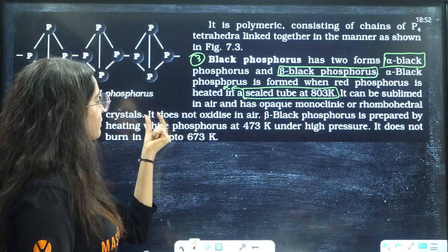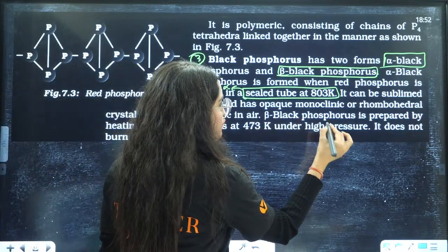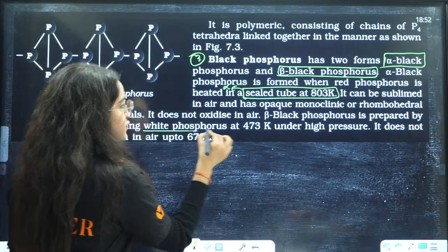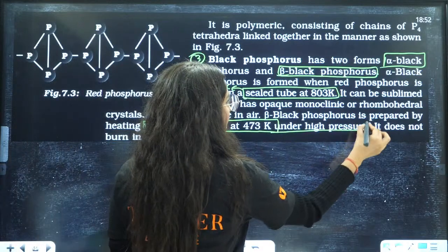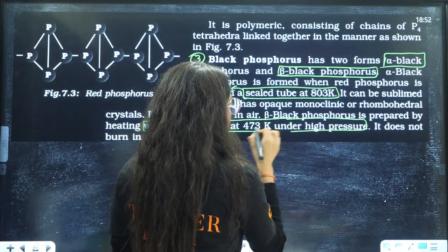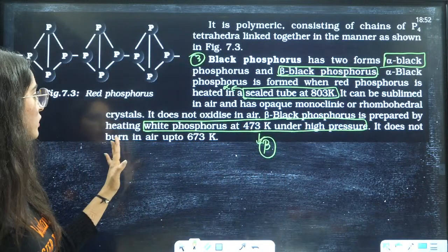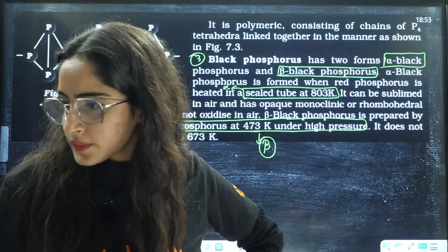This you need to remember. It does not oxidize in air. Beta black phosphorus is prepared by heating white phosphorus at 473 Kelvin under high pressure. It does not burn in air up to 673 Kelvin.